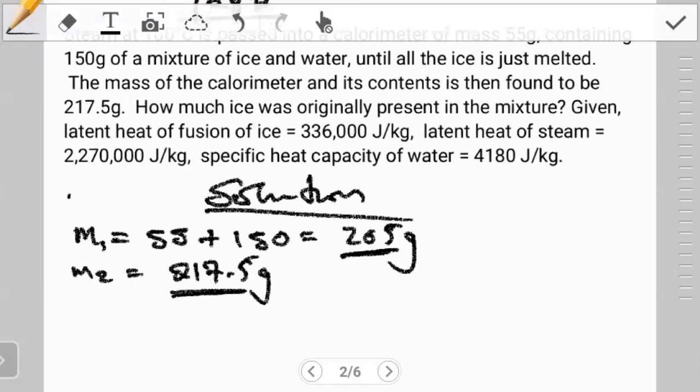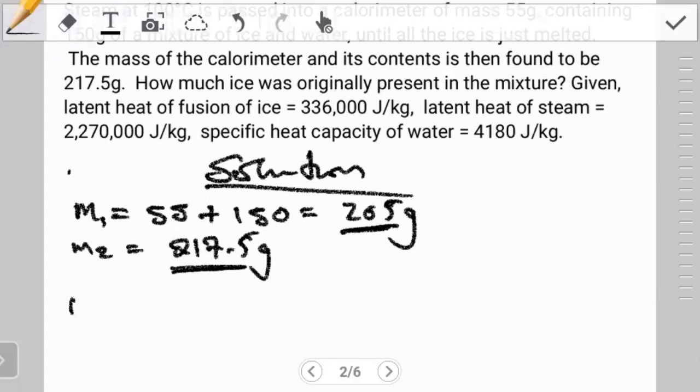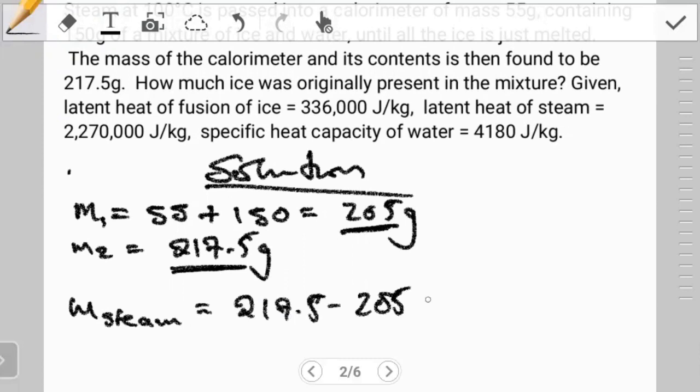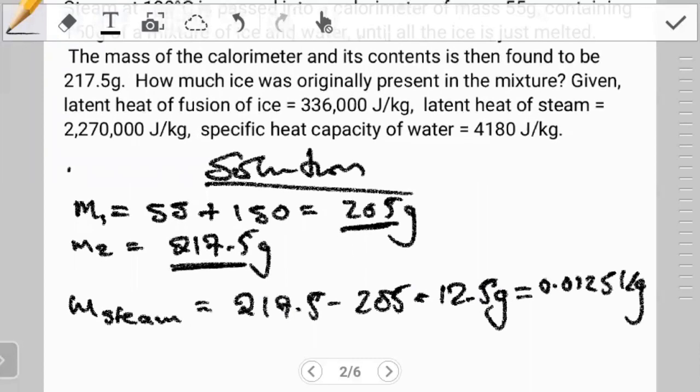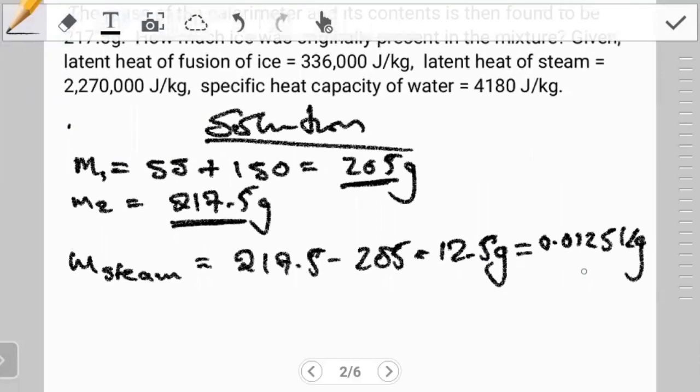So first, the mass of steam that condensed has to be determined by getting the difference between the two values. And we see that this comes out as 12.5 grams, or 0.0125 in kgs.